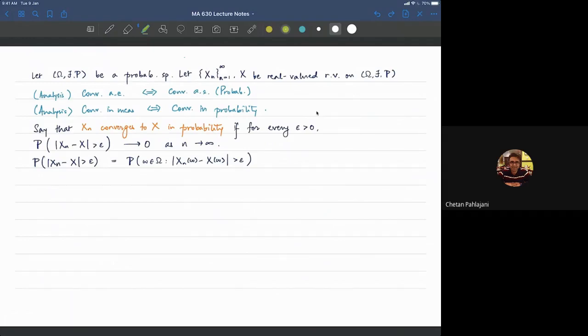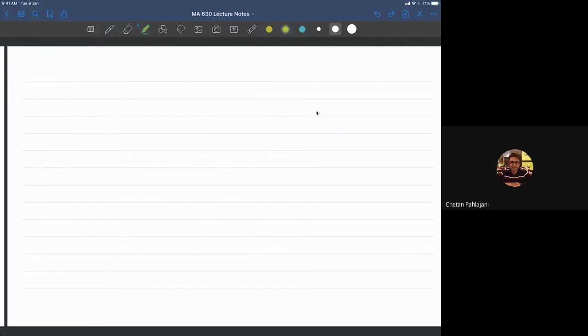But when they taught you L^p spaces, did they teach you how to do measure and abstract measure spaces, or did they just do it on the real line? No response. That's fine.